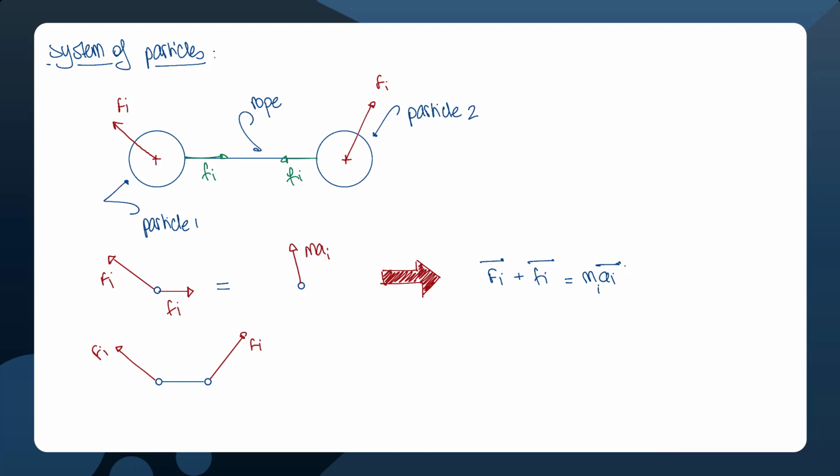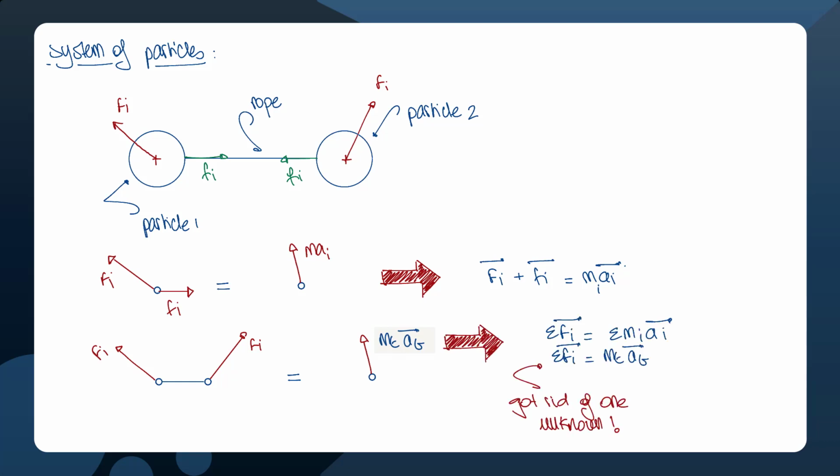Now similarly, if we want to draw the kinetic diagram for the system, we'll simply represent it with a vector named m total ag. So how can you write that mathematically as well for a system? So sigma Fi, so the summation of the external forces, remember internal forces do not show, is equal to the summation of the masses mi times the accelerations ai.